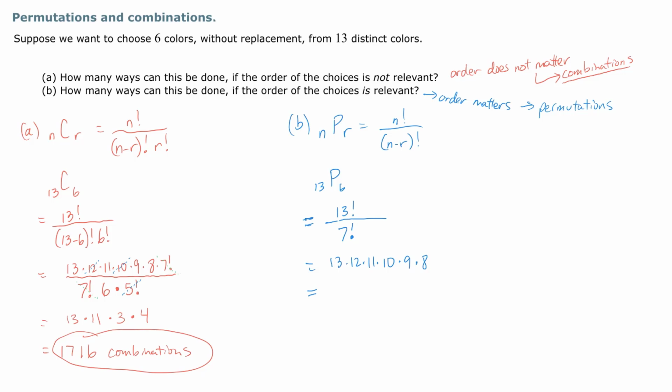The calculator says 1,235,520. Wow, that's 1,235,520 orderings or permutations. So let's label that as number of permutations there.